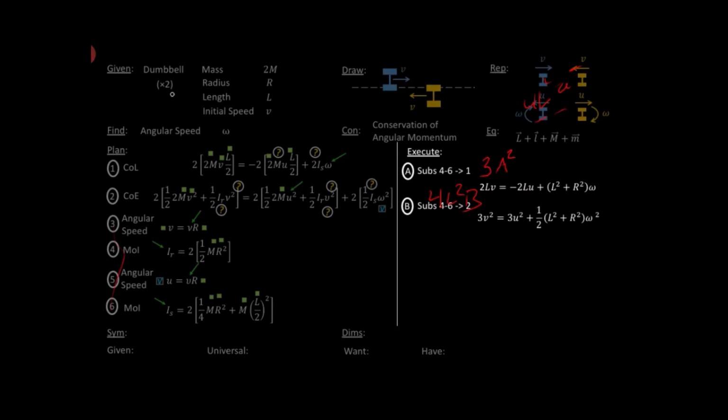So, you know, I'd do something like 2LU is equal to L squared plus R squared omega minus 2LV, right? And do the same thing with B. B, it's not too much of an issue, but then this one we have to actually square it afterwards, which is why we worry about getting U on this side, because this guy's 4L squared U squared. That's okay, but then this side we have cross terms, right? We want to not have cross terms with U in it, because then we can't get rid of the U's. So we square this guy and we square that guy, the 4L squared V squared.